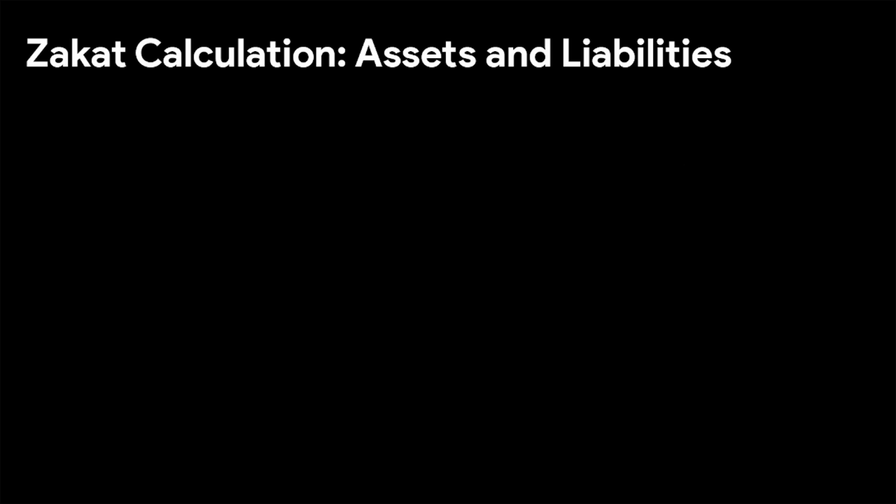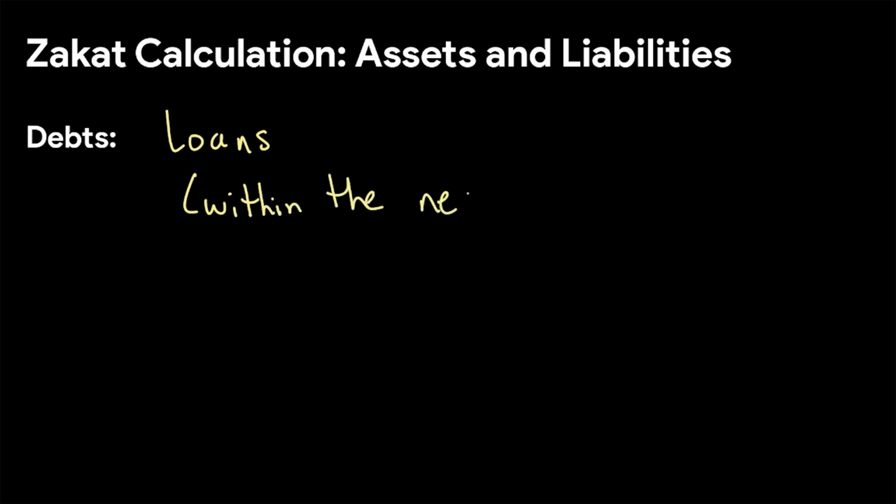So next, let's talk about the liabilities. So stuff that you can exclude from your zakat calculations. So the first one is debts. So any personal loans you have taken that you are obligated to repay. So when you calculate zakat, you can deduct the portion of the debt that is due within the next year. So basically a short-term loan or debt.